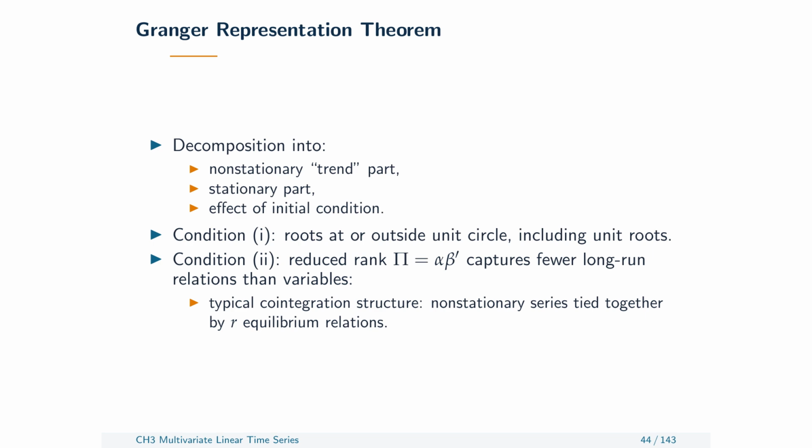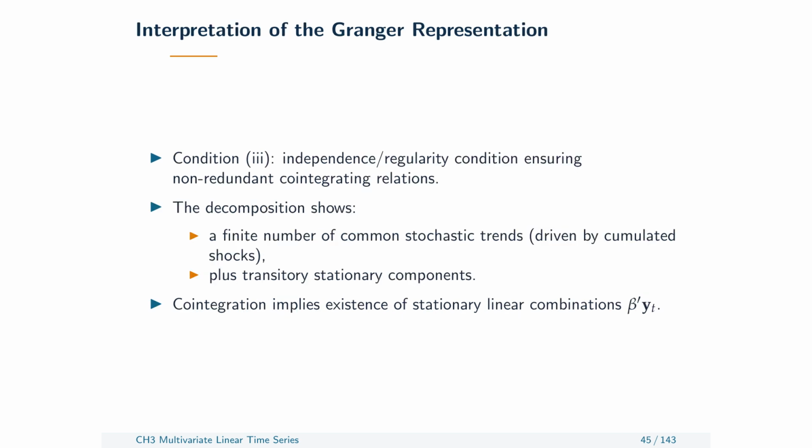The theorem requires more than a rank statement. Unit roots and stable roots must satisfy appropriate conditions, and the long-run directions must be non-redundant. Its message is conceptual. Permanent shocks move the common trends, while adjustment mechanisms keep selected combinations from drifting without bound.